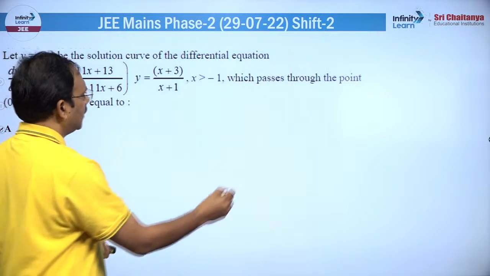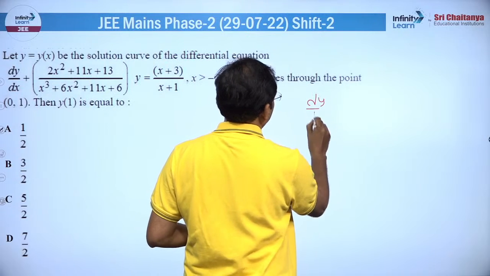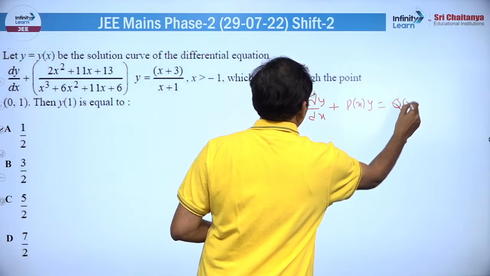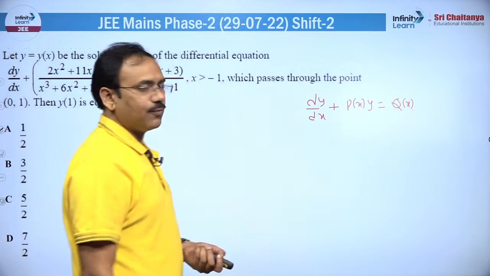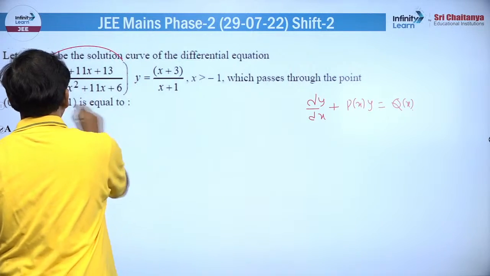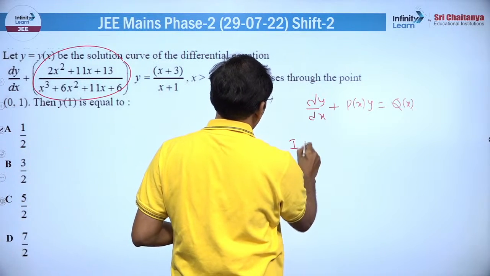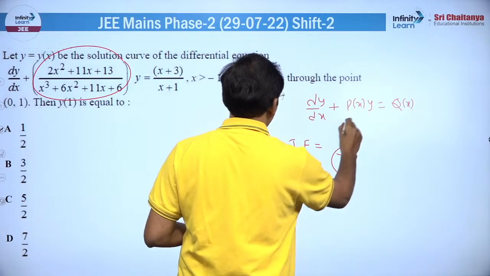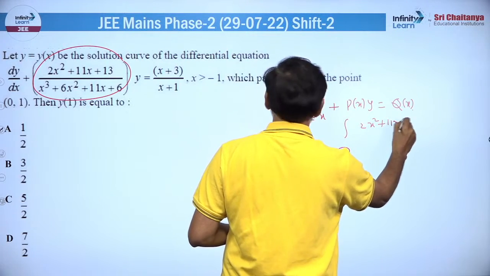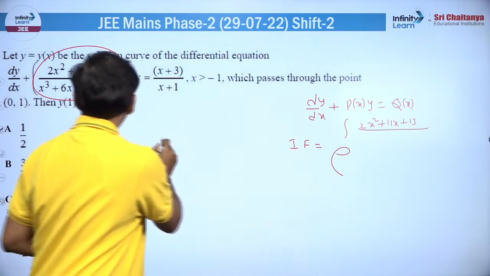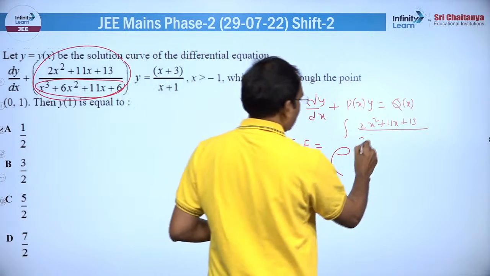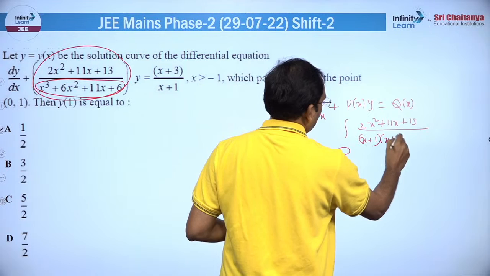LDE is like dy by dx plus p of x into y is equal to q of x. Okay. So friends, I can say this is p of x, integrating factor is equal to e power integral p dx, that is 2x square plus 11x plus 13 by, whenever you see this expression, it is a standard expression, which is x plus 1 into x plus 2 into x plus 3.